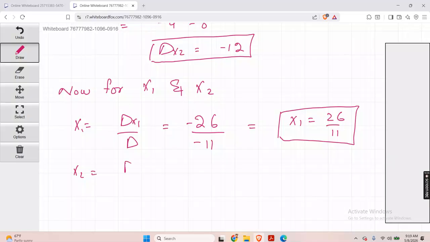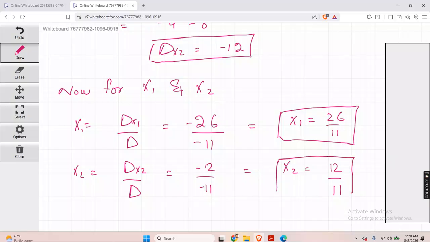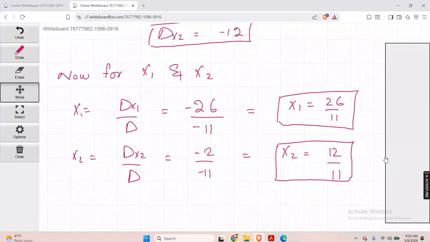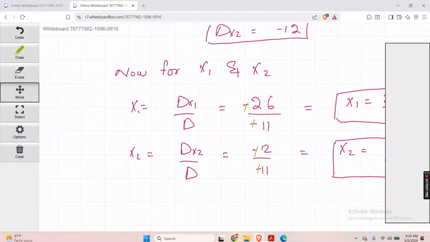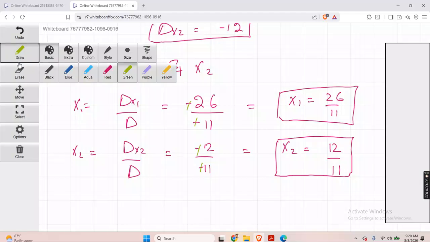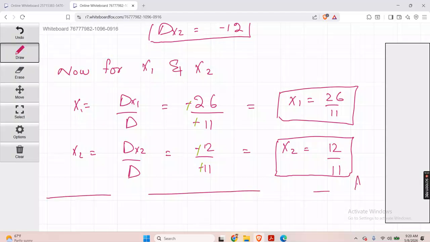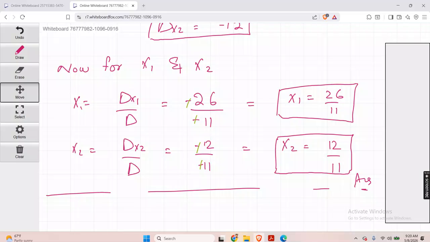And then x2 is equal to dx2 divided by D. It's minus 12 over minus 11 determinant, so x2 is equal to 12 over 11. So this is your answer.